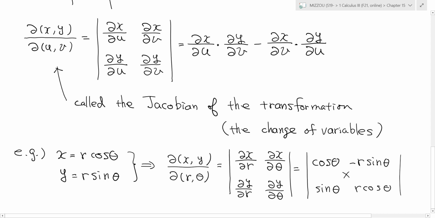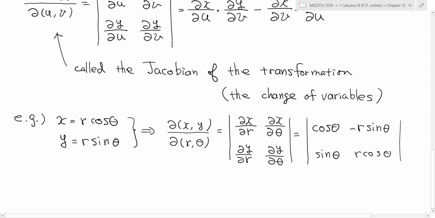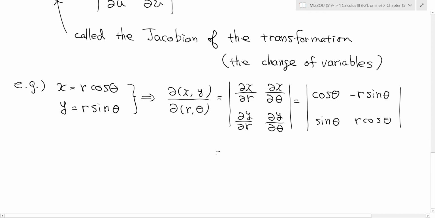And if you multiply diagonally and subtract one from the other, what you get is r cosine squared theta minus negative r sine theta times sine theta. So that's sine squared theta. And then this is equal to r.